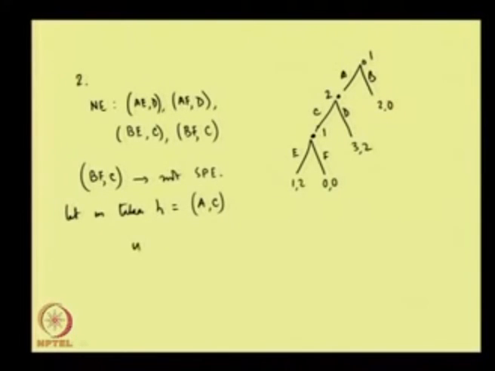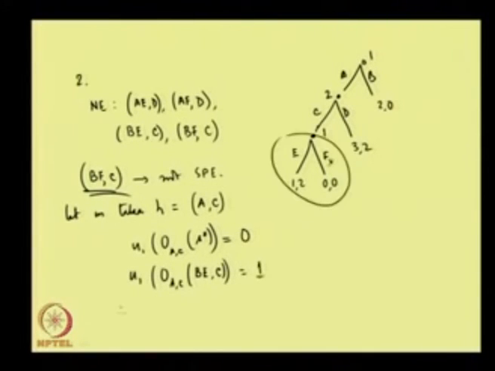What player 1 is getting if he plays according to BFC is 0, but now suppose he deviates and he plays BEC, then he is going to get 1. Therefore, BFC is not subgame perfect equilibrium.